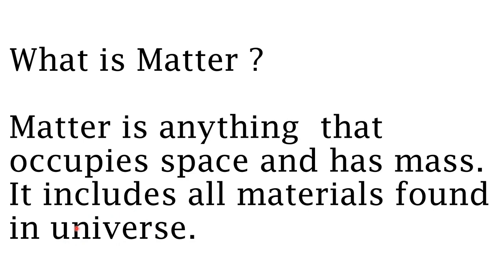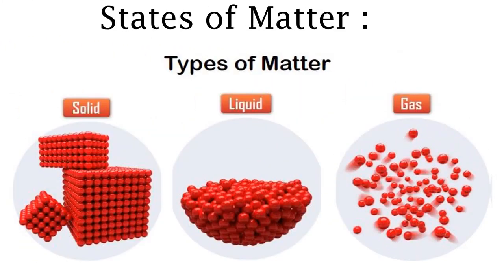The important property is that matter is anything that occupies space and has mass. Let's now talk about the states of matter, or we can also say the types of matter. We have altogether three types of matter, starting with solid, then liquid, and gas.